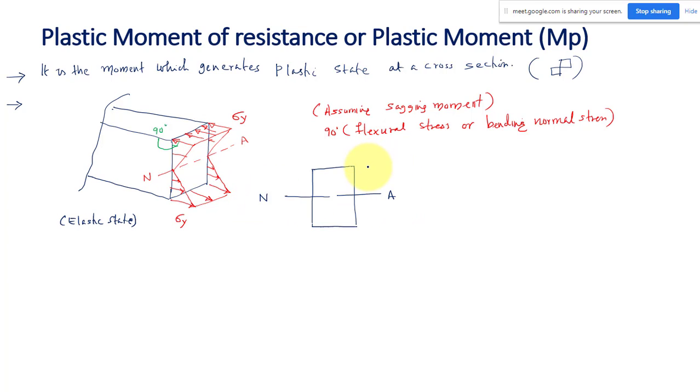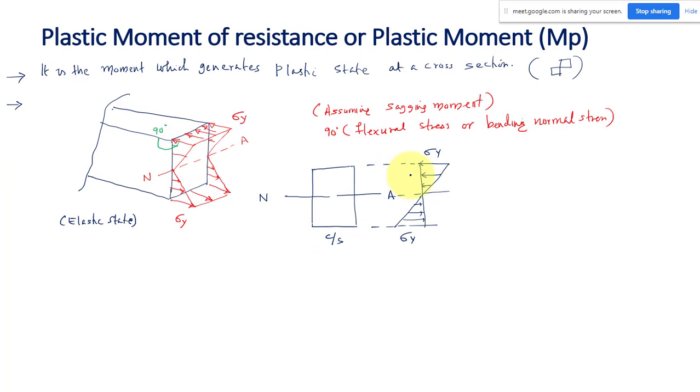The stress and strain are 0 at that level. So we will draw like this only. I will draw the bending stress like this always. This is my compressive stress and this is my tensile stress.